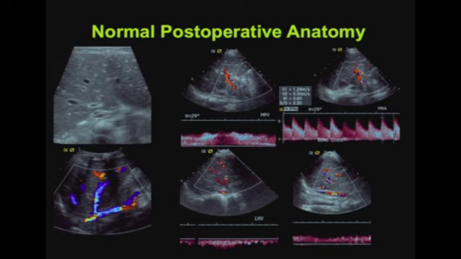These color Doppler images are from a different patient, and essentially the arterial and venous waveforms and anatomy are very similar to those that you would expect in a native liver.